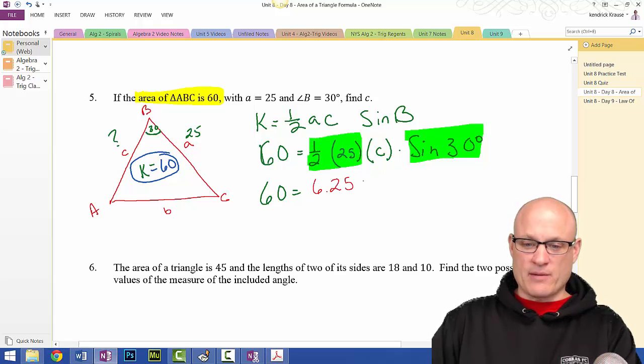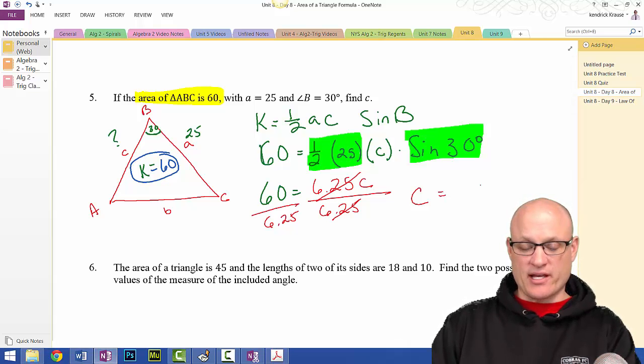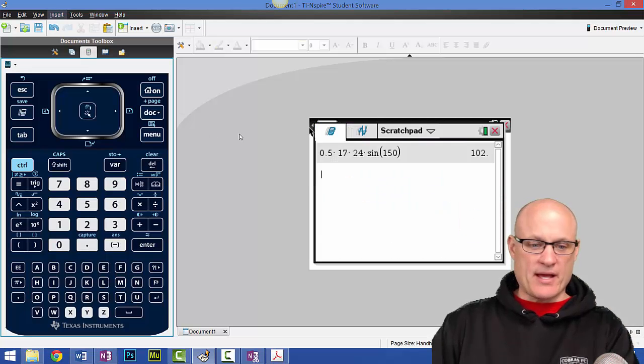And 1/4 of 25 is 6 1/4. You don't believe me? I'm going to show you anyway. Divide by 6.25. Divide by 6.25. Let's see how close I can get. Well, 60 divided by 6 would be 10, so it's less than 10. How about 9.5, 9.6? Let's check first to see if my math is correct. 1/4, 0.25 times 25.